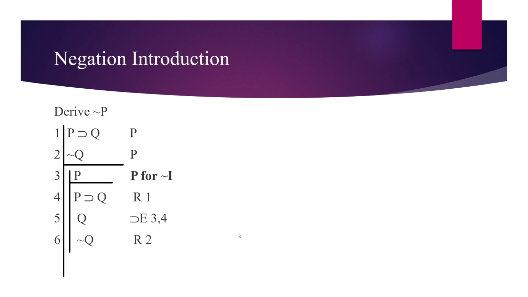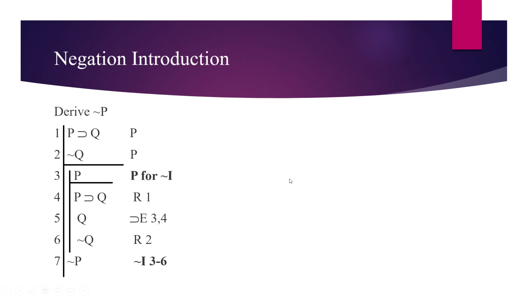Now we've got our contradiction in that subderivation. We can close the subderivation and write, it's not the case that P on line 7, citing the entire subderivation from our assumption on line 3 through line 6. This is negation introduction because we're introducing the negation onto the assumed sentence when we discharge it.